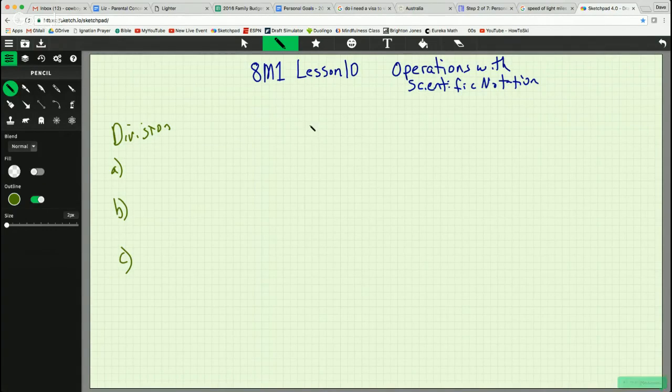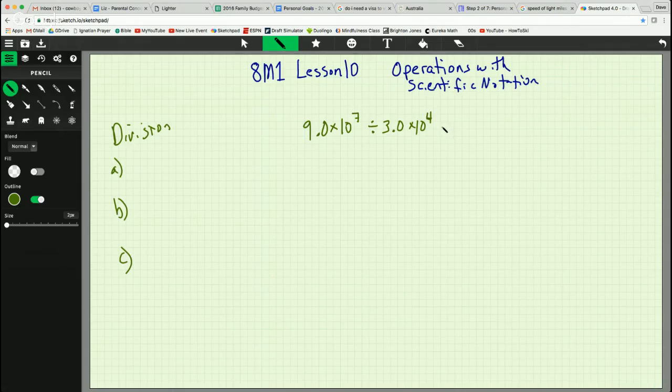So when we divide, we say 9.0 times 10 to the 7th divided by 3.0 times 10 to the 4th, and I'm using numbers that work out kind of nicely, but the same rules will apply.